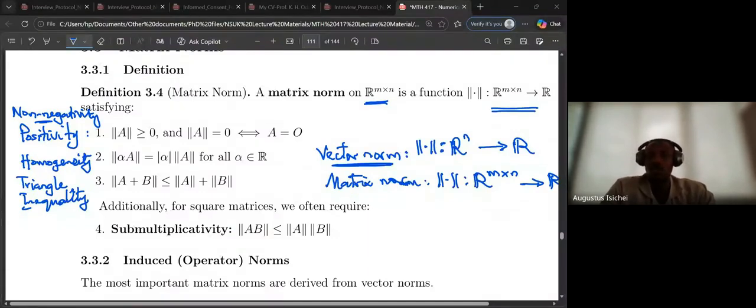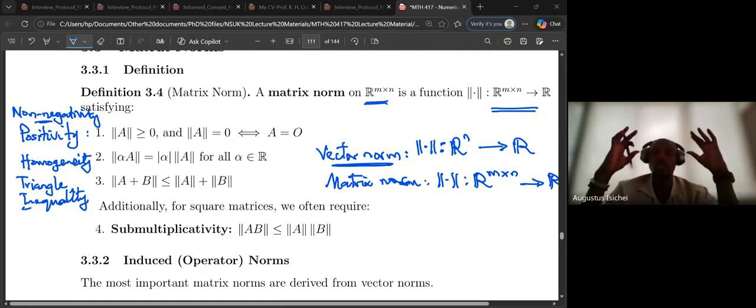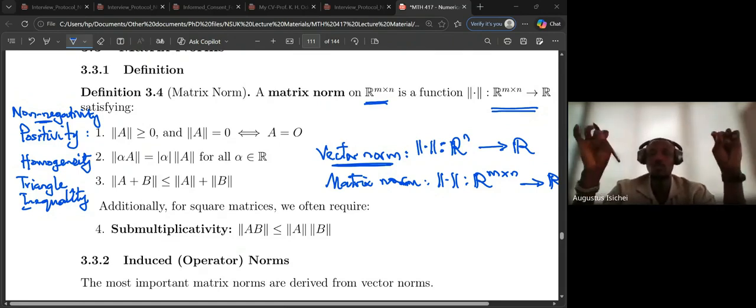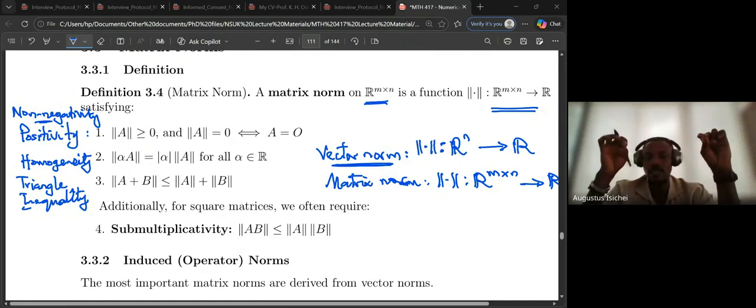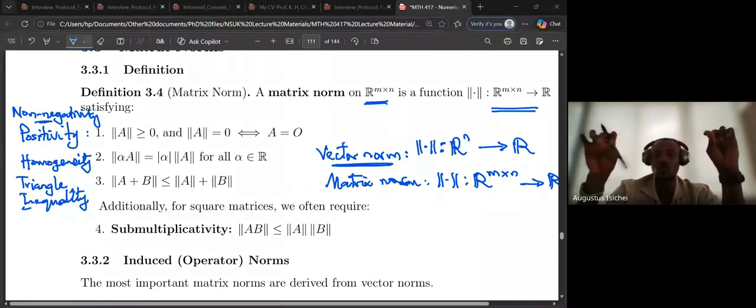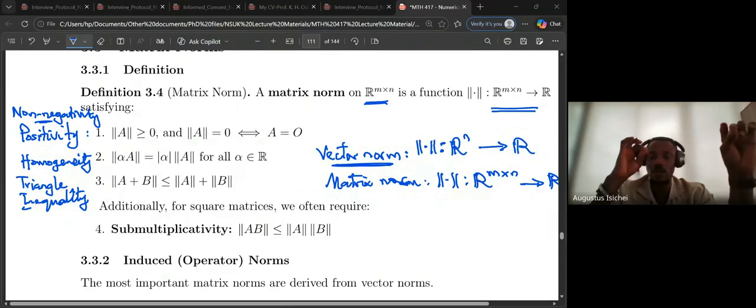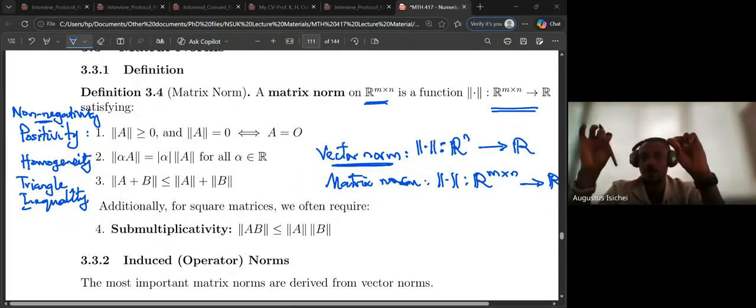Then the second one is beyond scalar multiplication, because you are not just multiplying a scalar by a vector, but you are also checking for the properties of the magnitude of these quantities. So we took the norm of the scalar multiple of alpha and a, that has to be equal to the magnitude of a, which is the absolute value of alpha, times the norm of a.